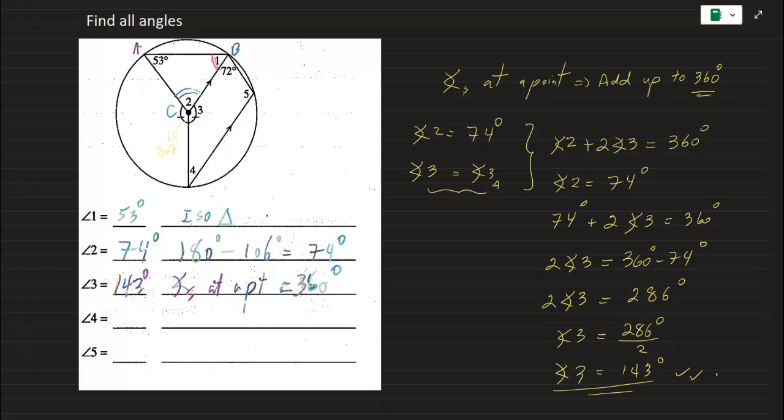All right, let's look at angle 5 and angle 4. Let's look at angle 5 first. Angle 5, which is right here, is on the same side of a transversal as the angle of 72 degrees. One of the properties of parallel lines is that you have a transversal.